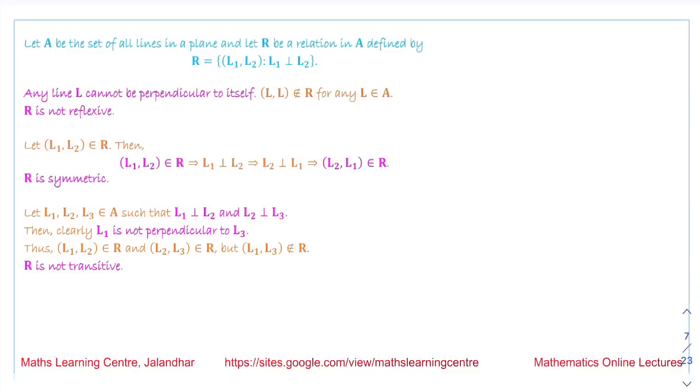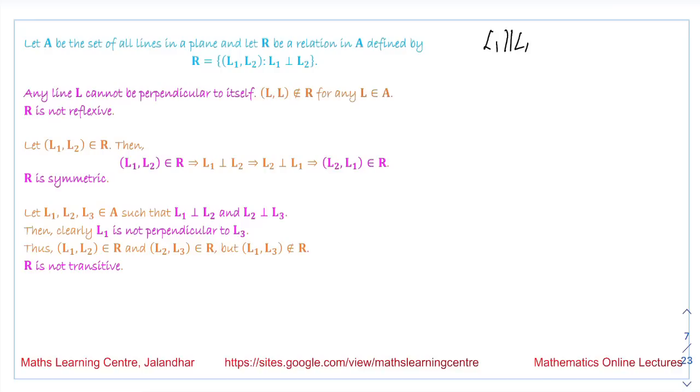Next, let A be the set of all lines in a plane and R be the relation defined by L1 is related to L2. We are talking about two lines L1 and L2 when L1 is perpendicular to L2. First, we talk about reflexivity.